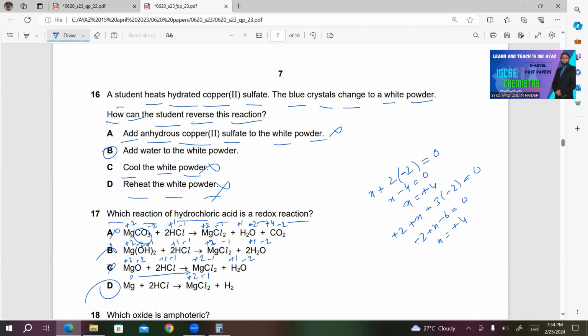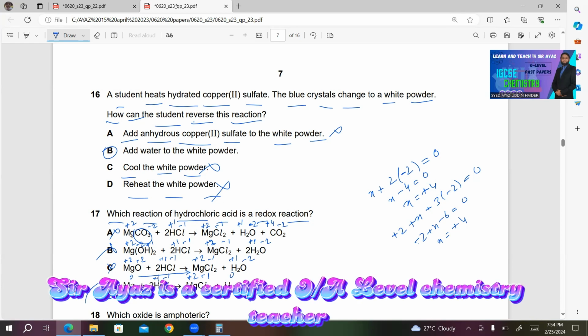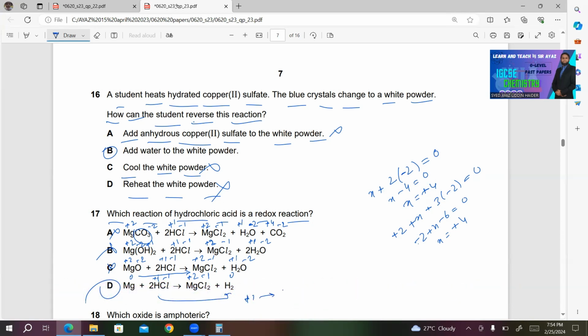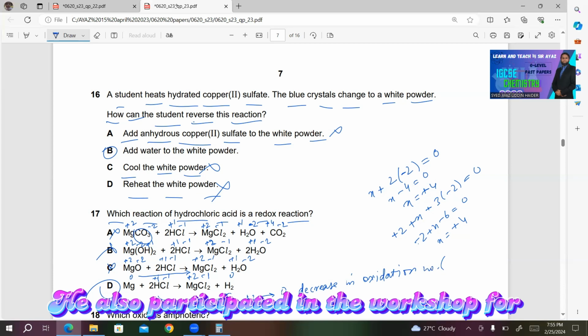What about HCl? In HCl, hydrogen is carrying +1, Cl is carrying -1. On the product side, H2 is carrying 0. So there's a change in oxidation number for hydrogen also. That is +1 to 0. +1 to 0 means a decrease in oxidation number. So it is reduction. And what about magnesium?